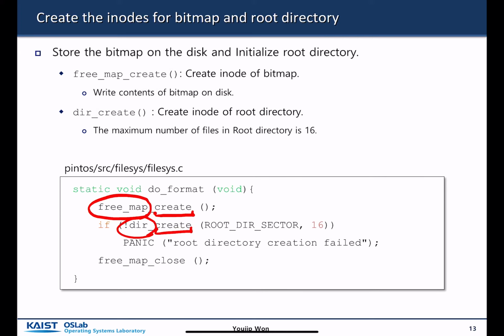For the root directory, the second parameter is the number of entries in the directory, and here you are initializing the root directory with a maximum of 16 entries. And this is the location of the inode where you are going to place the inode for the root directory.